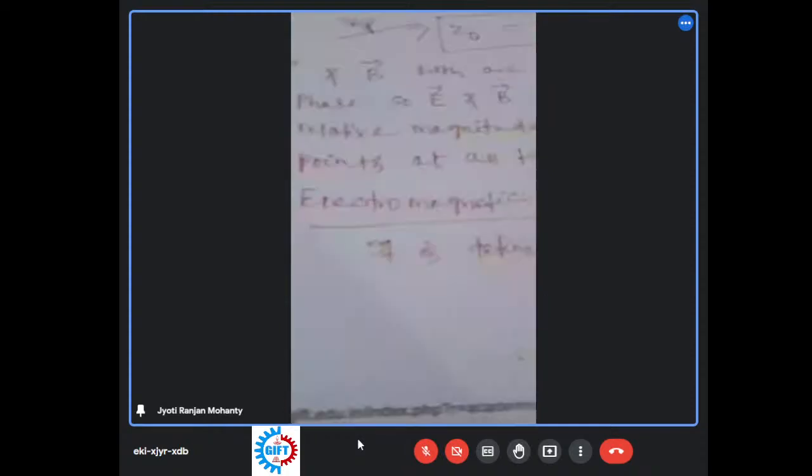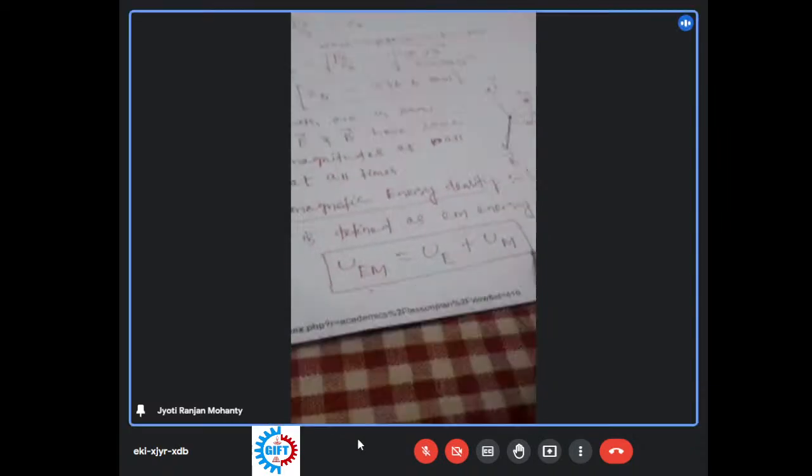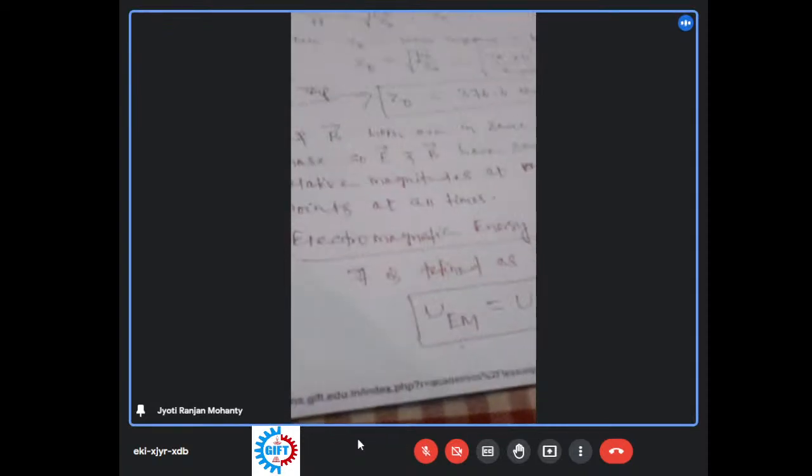Mathematically, it is the sum of the electrical energy density plus the magnetic energy density. If you add UE plus UM, we can find the electromagnetic energy density.